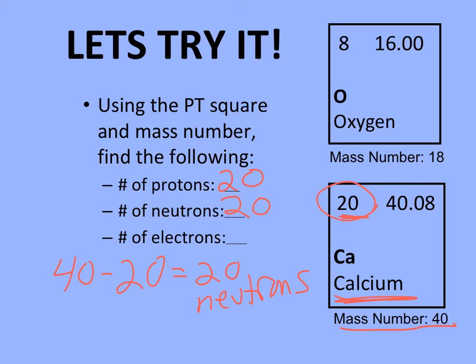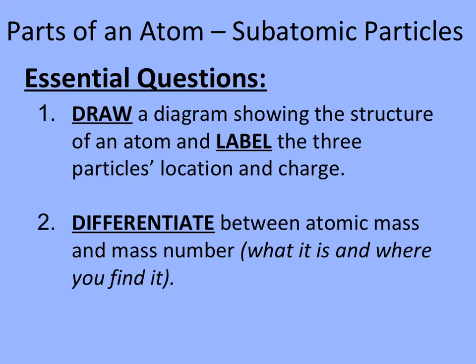So this isotope has 20 neutrons. Now, if we remember that in a neutrally charged atom the positives have to equal the negatives, so the protons have to equal the electrons, we're going to have 20 of those as well.